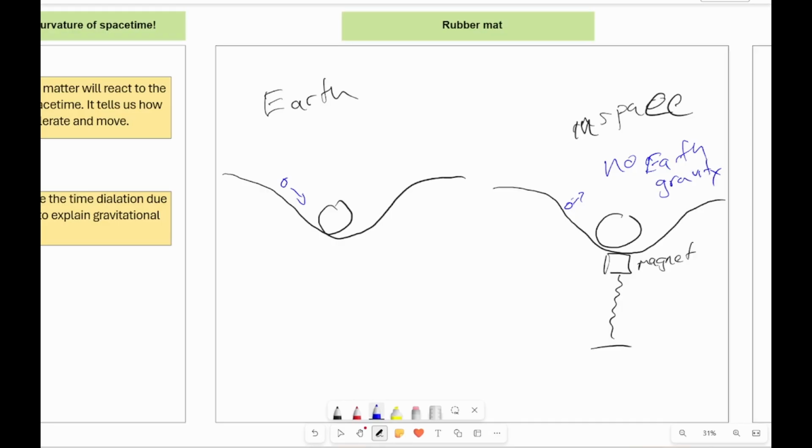And so what I'm mostly trying to point out here is that even in this simple model to explain the curvature in spacetime, you still need some sort of extra something to explain why the two balls are attracted to each other. And that could be gravitons or whatever it might be, but it's not covered in general relativity.